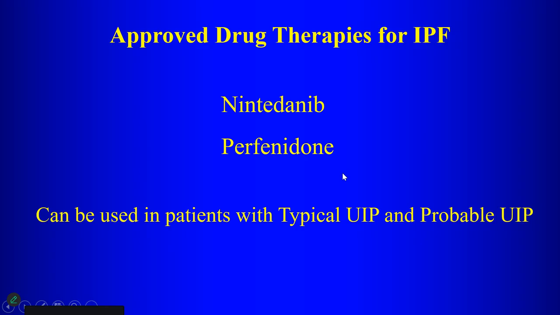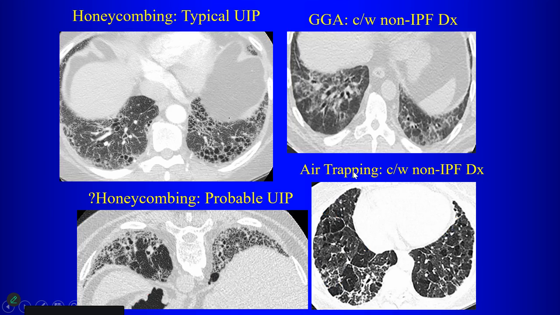And that's why it's important for us to decide if we think we're dealing with fibrotic disease, especially progressive fibrotic disease, progressive pulmonary fibrosis, versus inflammatory findings.